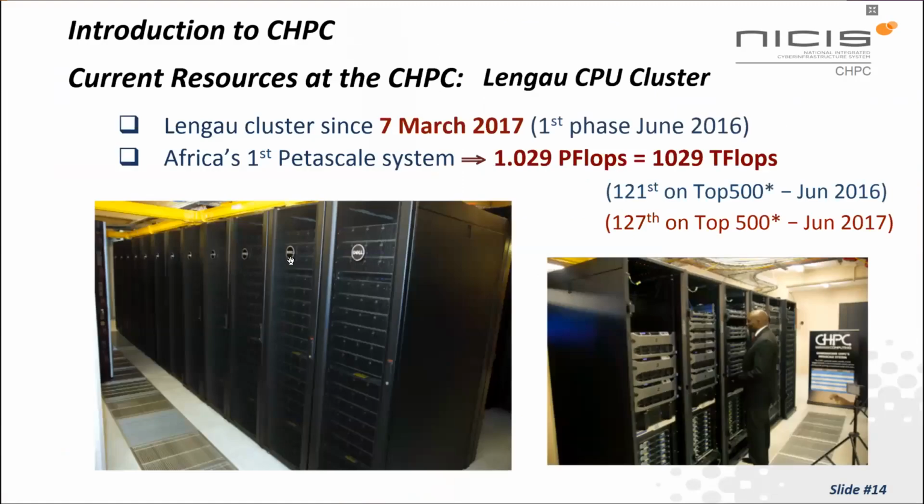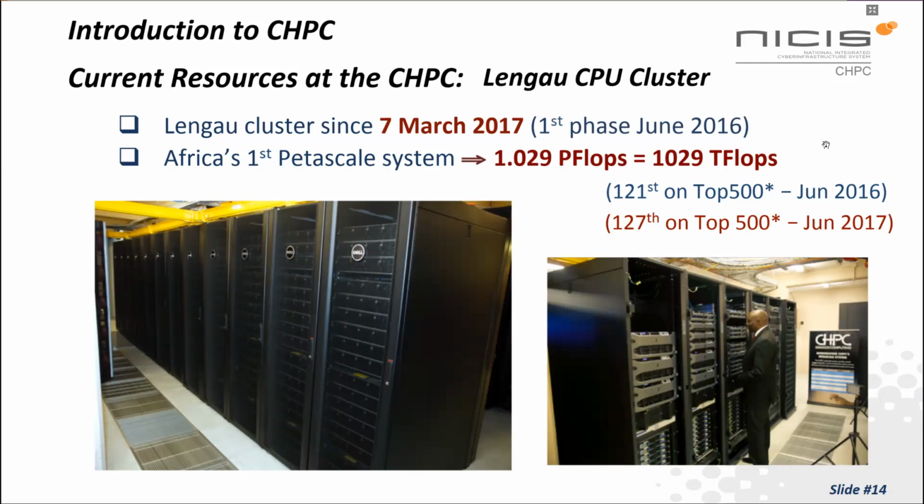And then currently at the CHPC, we have the Lengau CPU cluster. This was started on 7th March 2017, and this was the first petascale system in Africa. It's just over 1 petaflop, 1029 teraflops, or 1.029 petaflops.